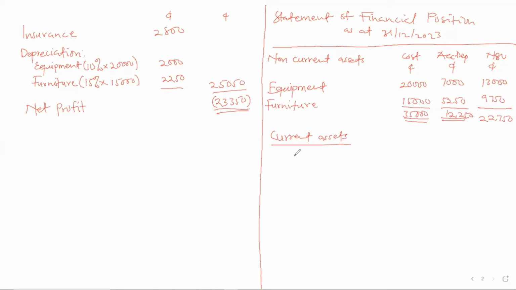So with the current assets, we have inventory. I always say that when it comes to the statement of financial position, we only bring the closing balances here. The closing balances that we bring to the statement of financial position. So the inventory closing balance is 14,000. Then we have accounts receivable, which is the same as debtors.